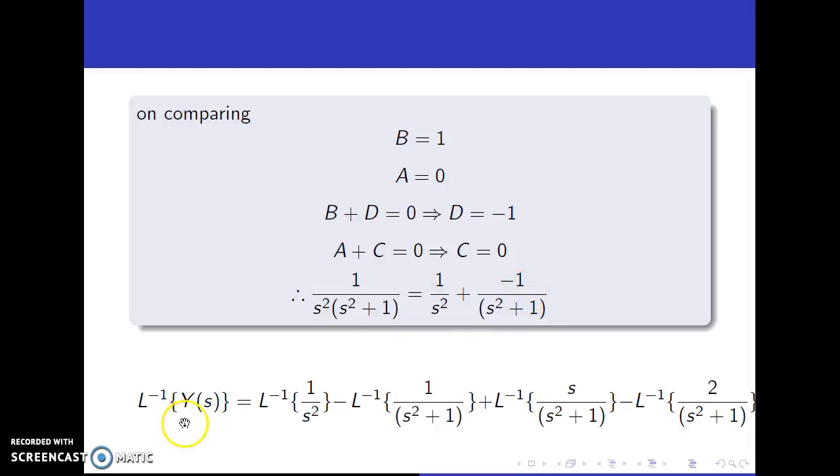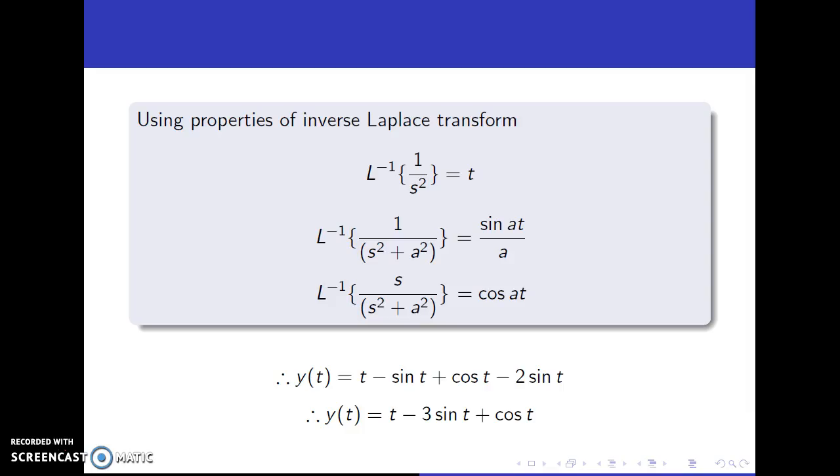Now apply the Laplace inverse on both sides, using the properties of the inverse Laplace transform. Now recall the properties of the inverse Laplace transform. The Laplace inverse of 1 by s square is nothing but t. The Laplace inverse of 1 upon s square plus a square is nothing but sin at by a.